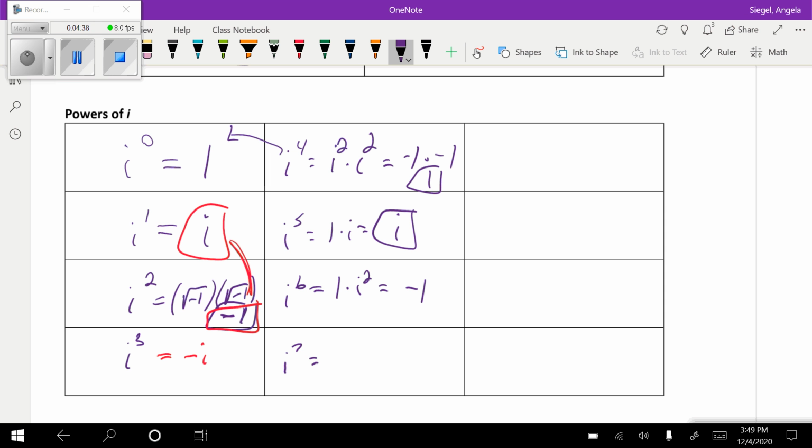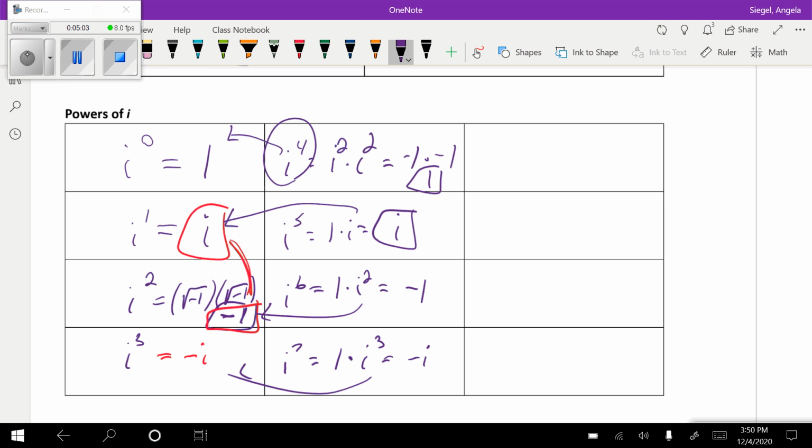And i to the seventh is going to be i to the fourth times i to the third, and i to the third was -i. So we just have -i. If you see, you're getting the idea: we're multiplying everything by i to the fourth and then taking what's left over. So my point is this is very cyclical.